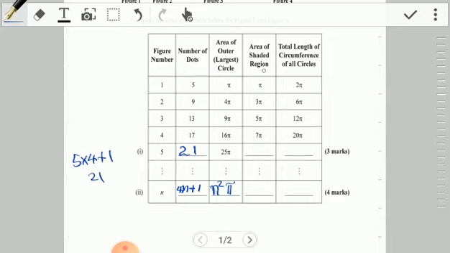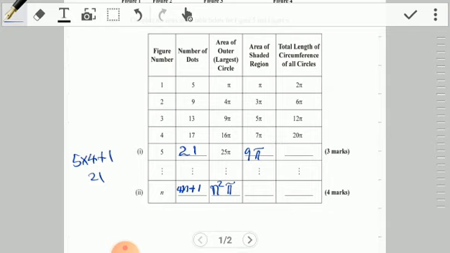Let's go to the next column. Looking carefully, I'm seeing 1 with 1, 2 with 3, 3 with 5, and 4 with 7. Going down, this is going to be 9 pi using the pattern.